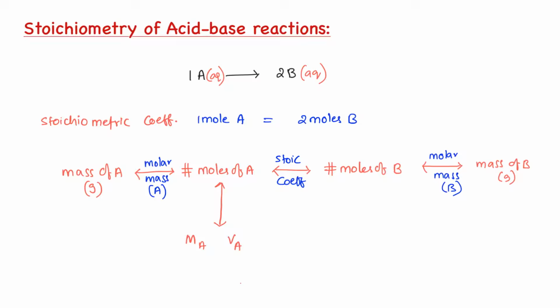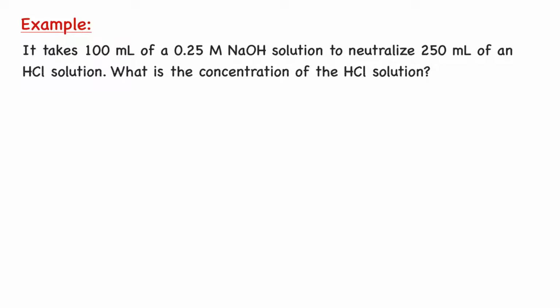And once we know the number of moles of B, we can either calculate the molarity of B or volume of B given the value of the other. Let us now apply this to an example.